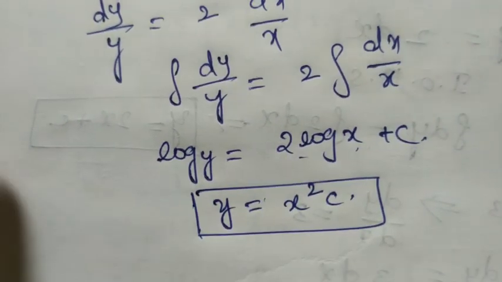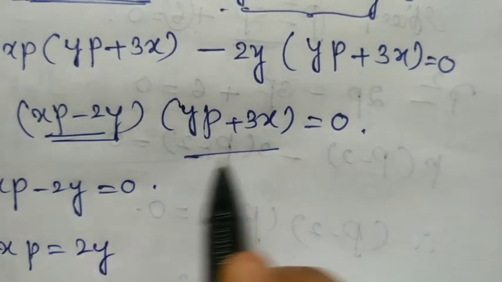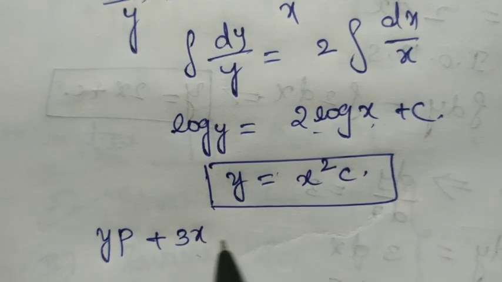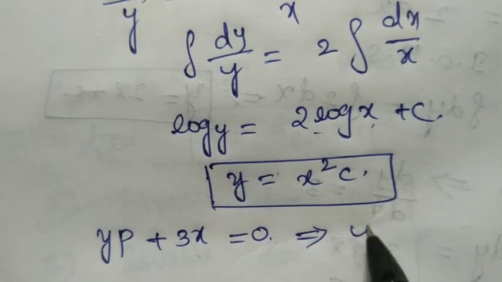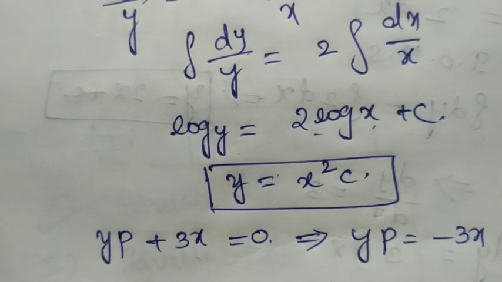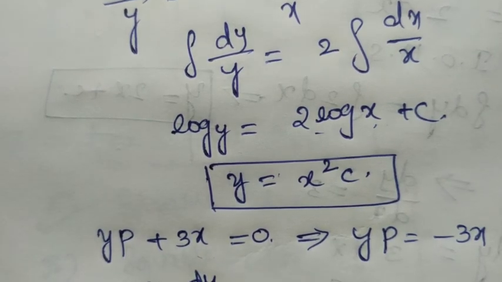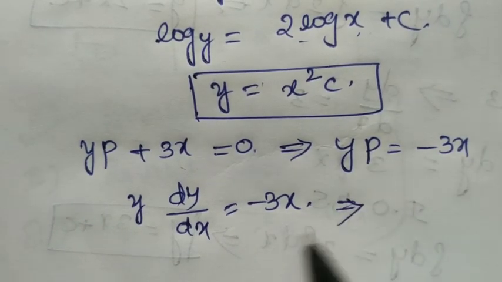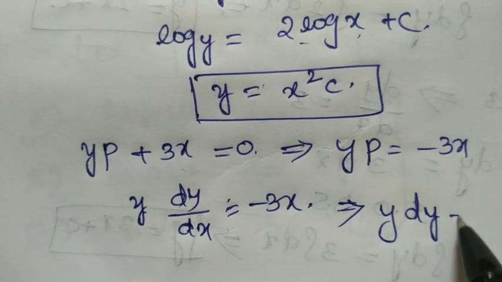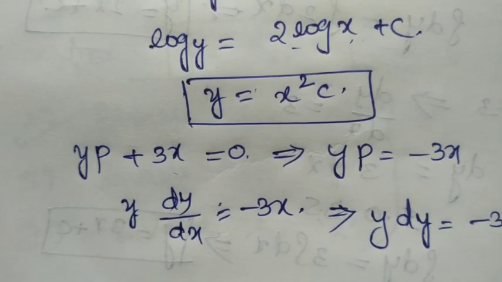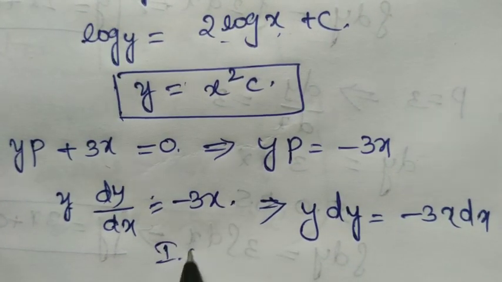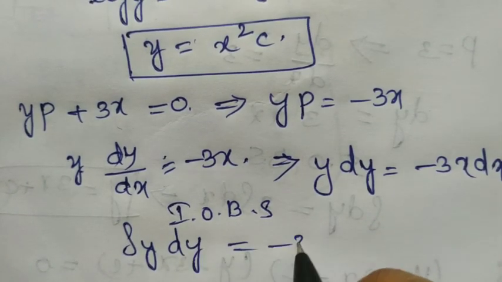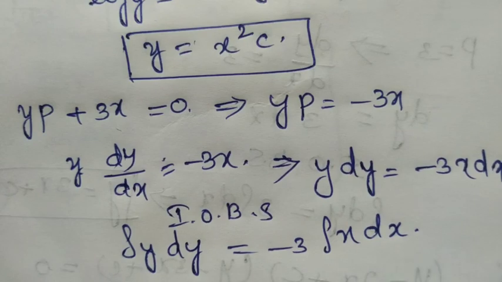Coming to the next solution, yp plus 3x equal to 0. So yp equal to minus 3x, y into dy by dx equal to minus 3x. Then y dy equal to minus 3 into x dx. Integrating on both sides, integration of y dy equal to minus 3 into integration of x dx.